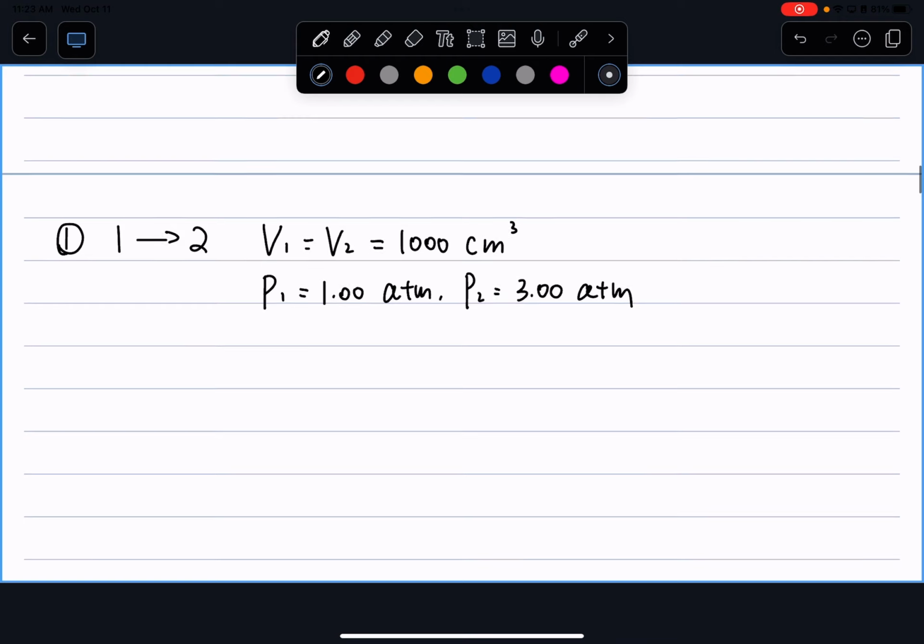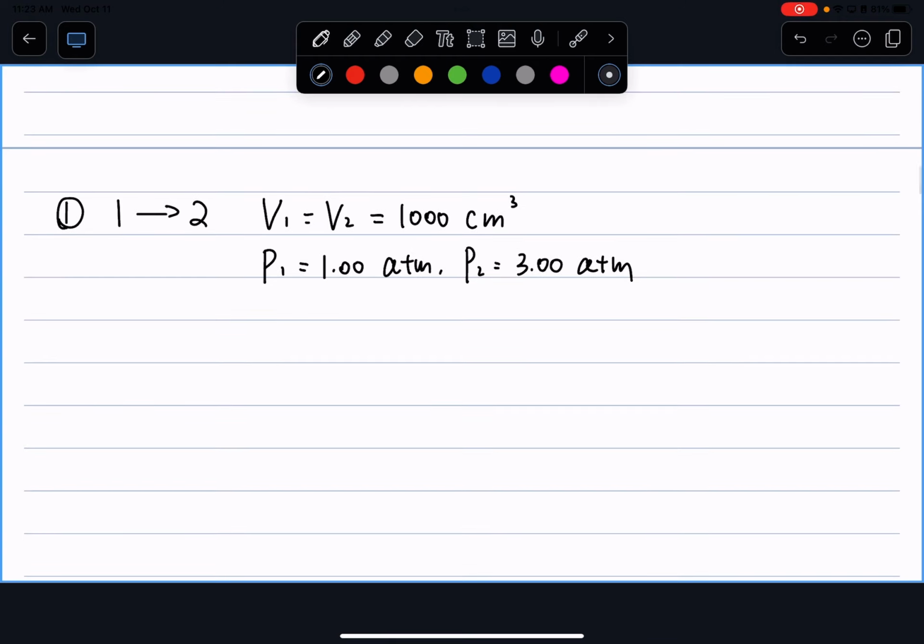Now, again, what we want to get is work, heat, and delta U. Some of them are pretty straightforward. For example, the reversible work for the 1 to 2 process equals the integral of negative PdV. But in this case, the volume is not changing, so obviously this term is 0, because V1 equals V2.